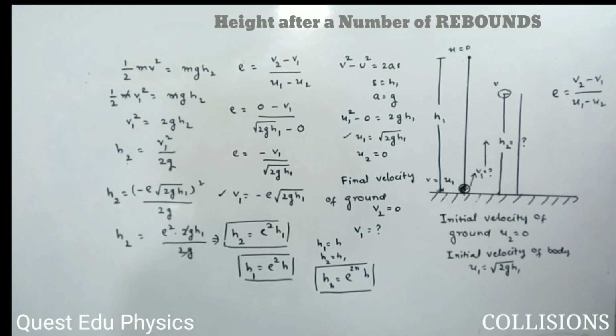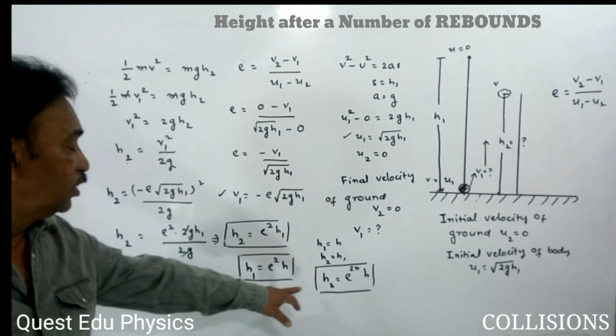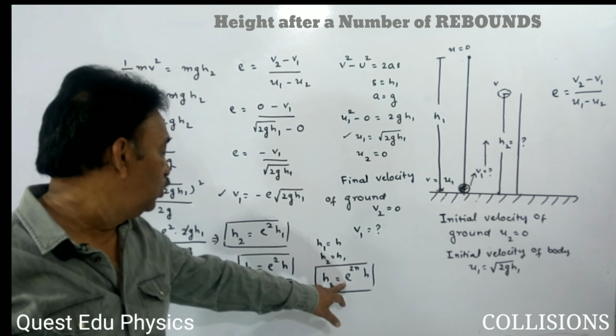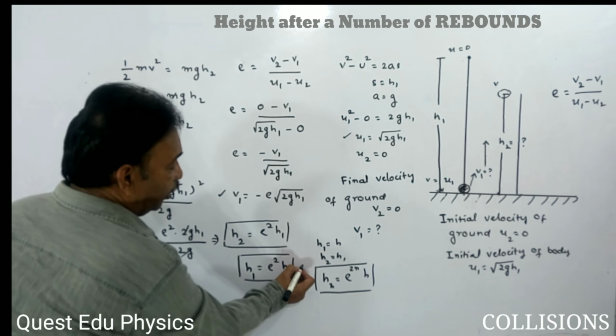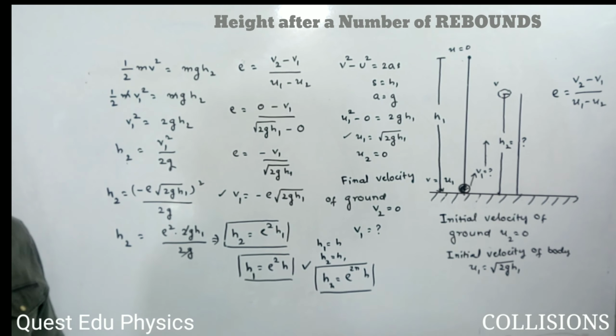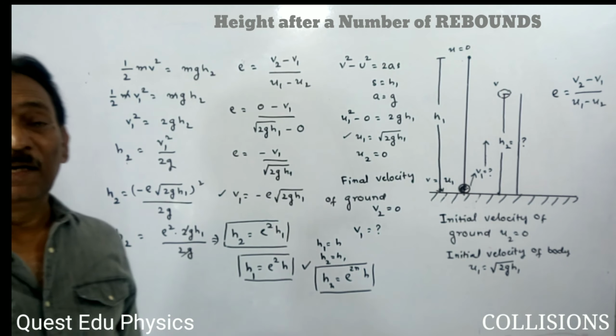Okay students, if you take n rebounds, hn is equal to e to the power 2n, where n is the number of rebounds, into the height h. It is the formula to get the height after n rebounds.